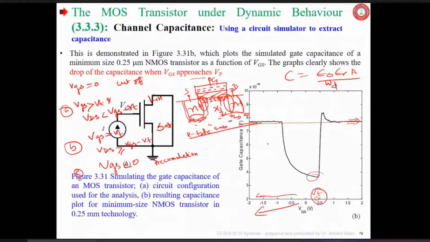this we are showing the cross-sectional view, right? Cross-sectional view. And you have the N plus region. And the drain is having positive voltage. So around this, there will be a depletion layer or not? Yes, sir.